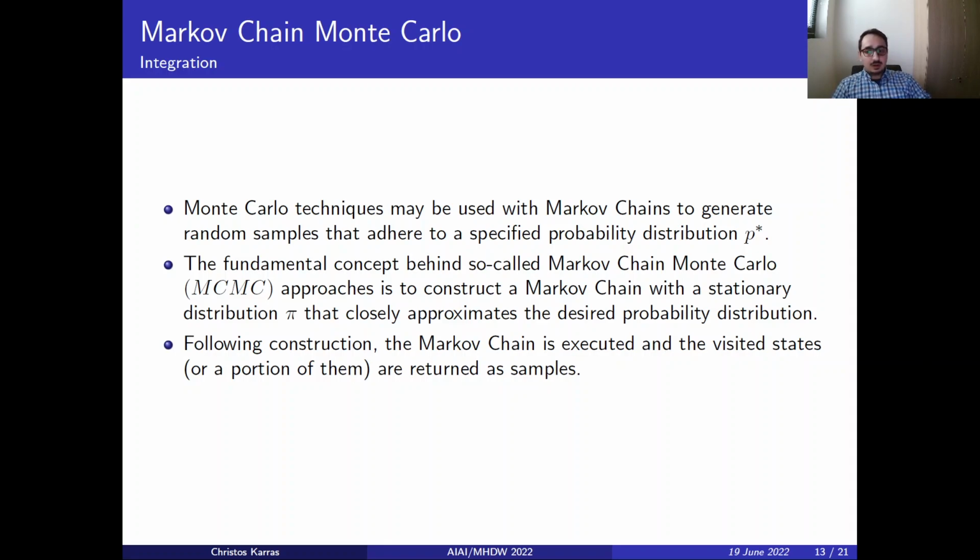After we create the Markov chain, in the integration of the Markov chain with the Monte Carlo technique, the Markov chain is executed and the visited states, or a portion of them, are returned as samples.